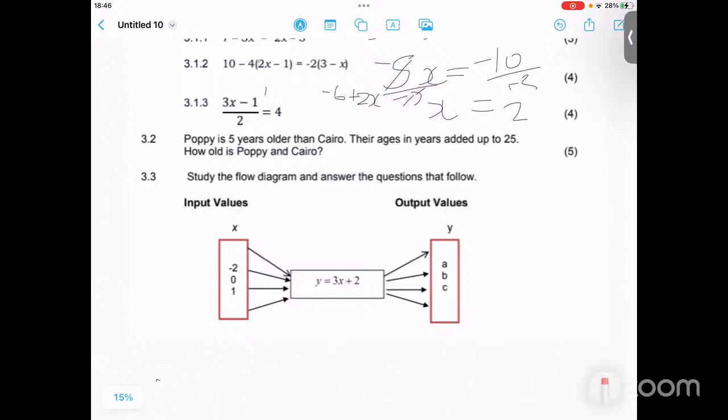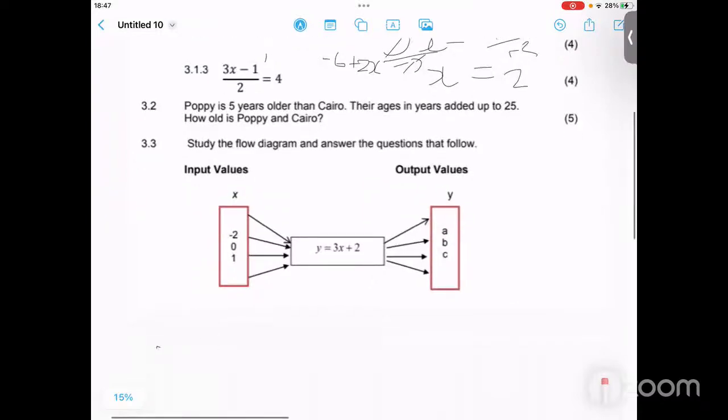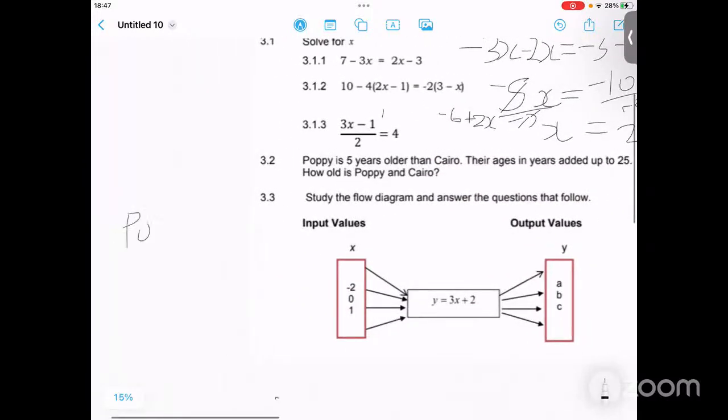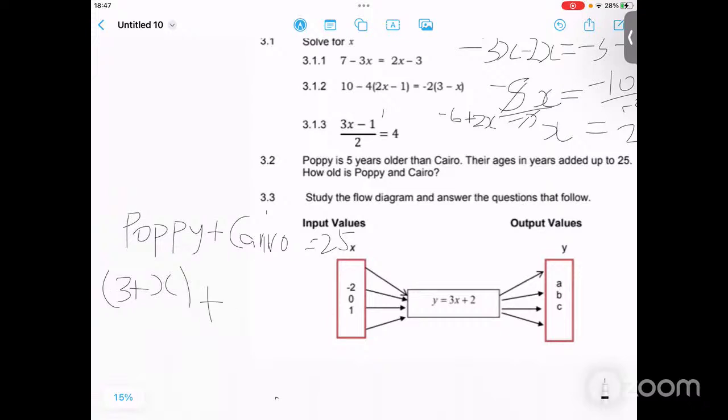Ma'am, I said Poppy plus Cairo equals 25. Therefore, 3 plus x in brackets, then 3 plus x is equal to 25.